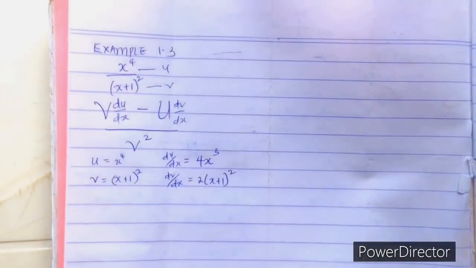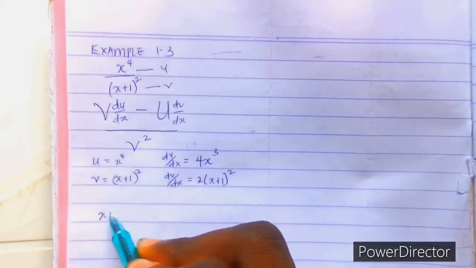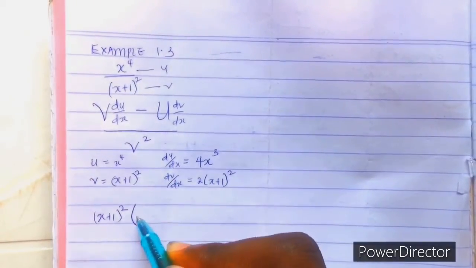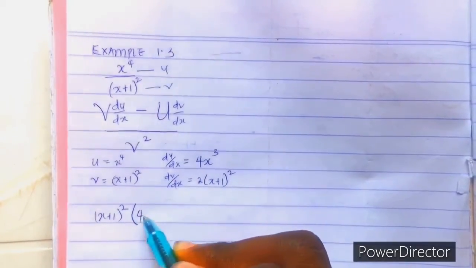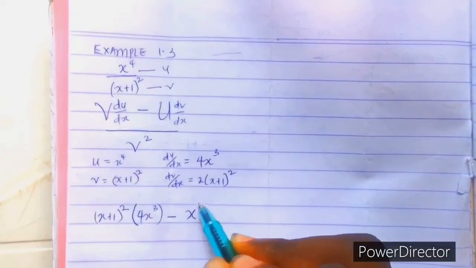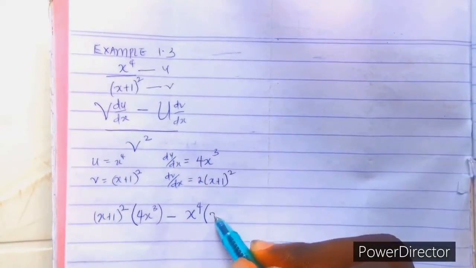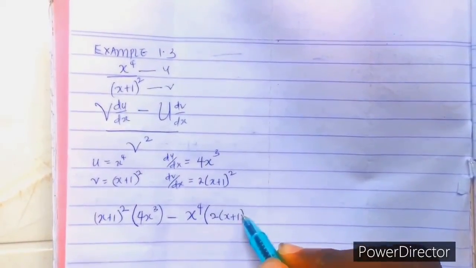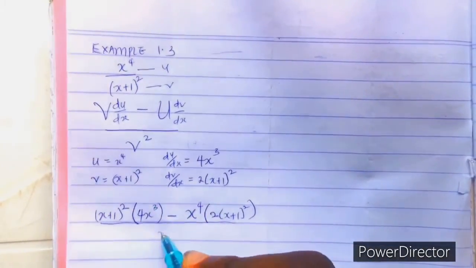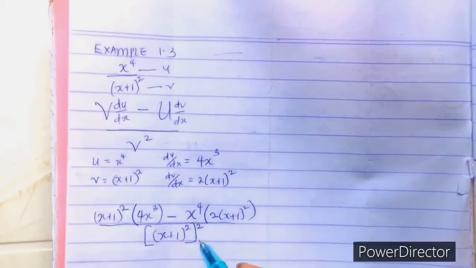So we can now say our v here is (x plus 1) all squared, open bracket du/dx, which is 4x raised to power 3, minus our u, which is x raised to power 4, open bracket our dv/dx, which is 2(x plus 1), everything all over v squared. Our v is (x plus 1) squared, everything all squared.